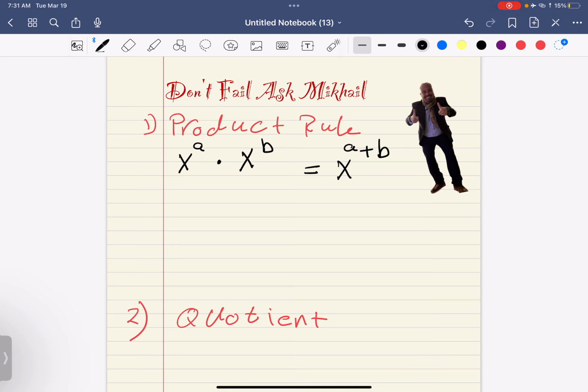All right, example, x to the 9th times x to the 3rd equals x to the 9 plus 3, which is x to the 12th.